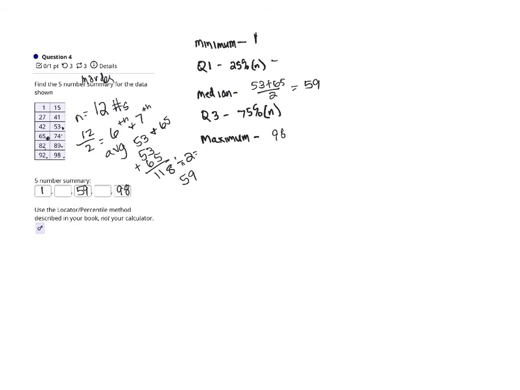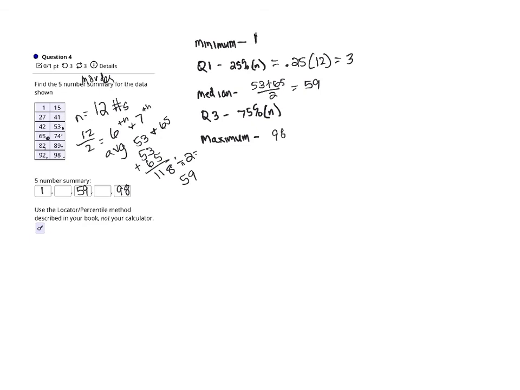So now our quartiles. For the first quartile, it's 25%. I'm going to change that to a decimal, 0.25, and multiply it by the n, which is the number of numbers I have, which is 12. And 0.25 times 12 gives me 3. Now, that's a whole number. On the other problem that we just did, we had decimal numbers, so we automatically rounded up.